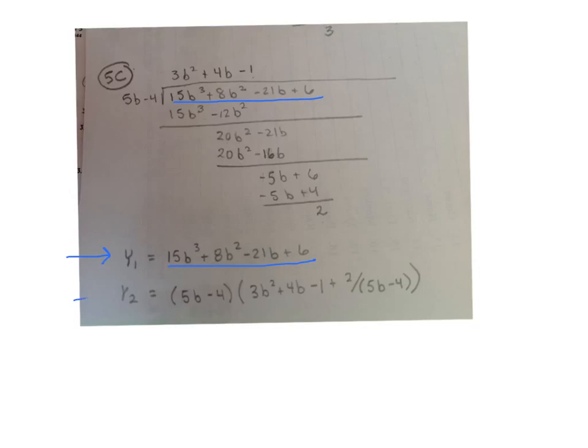And for Y2, I took what I was dividing by, multiplied by my answer, adding my remainder over the 5b minus 4 in parentheses. Then I went to my table and I checked my values, and I had the same values in both sides of my table, so I knew that I had done this work correctly.